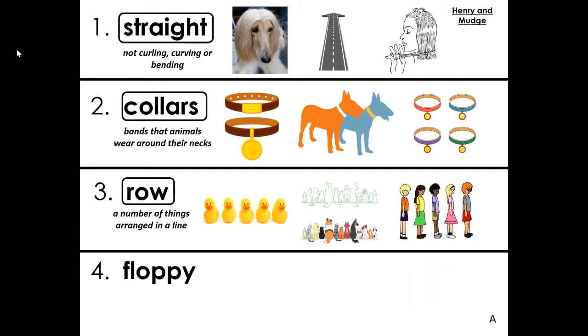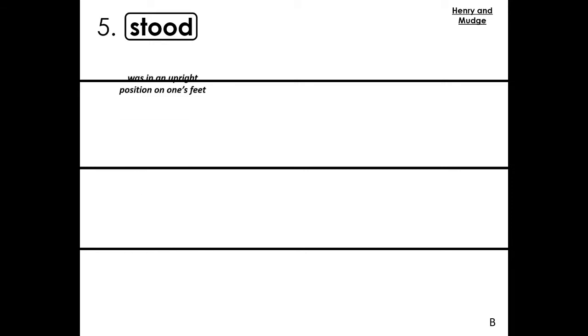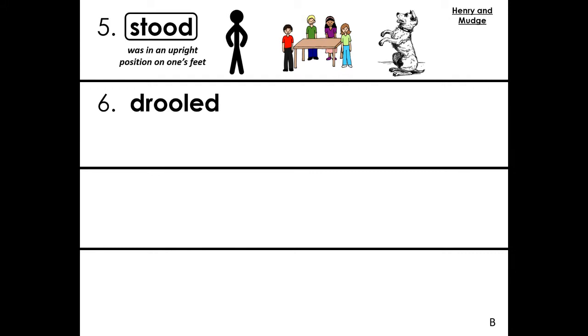Number 4, floppy, hanging or moving in a loose, droopy way. Number 5, stood. That's the past tense for to stand, was in an upright position on one's feet. So if you're standing, but it already happened, you stood. Number 6, drooled. The root word is drool, and it has an ed ending. Drooled, let saliva drip from the mouth.